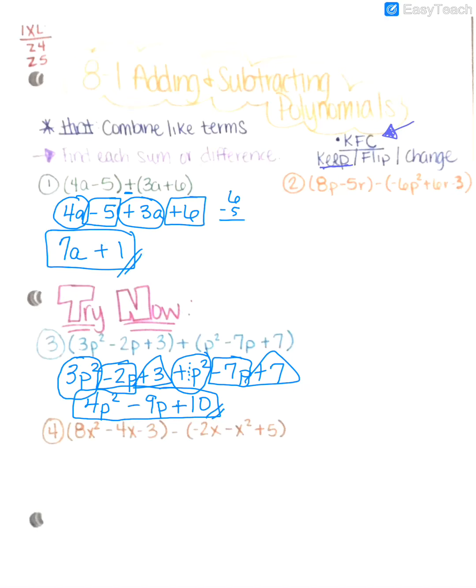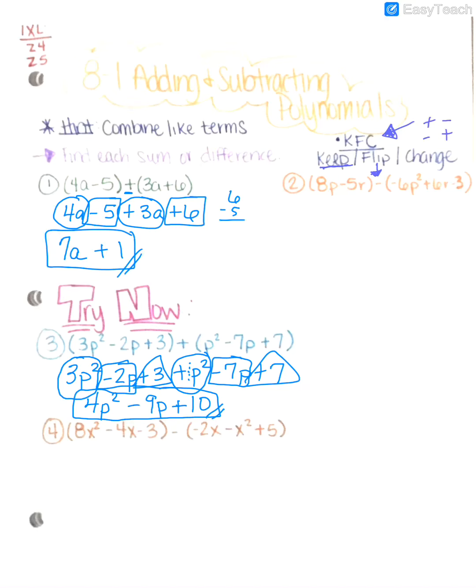You're going to flip. Whenever you're subtracting, you're going to go ahead and flip the sign. And then the last step that you guys are going to do is you're going to change every operation symbol that you have on the next set of parentheses. So if you have a plus, you're going to change it to a minus. And if you have a minus, you're going to go ahead and change it to a plus.